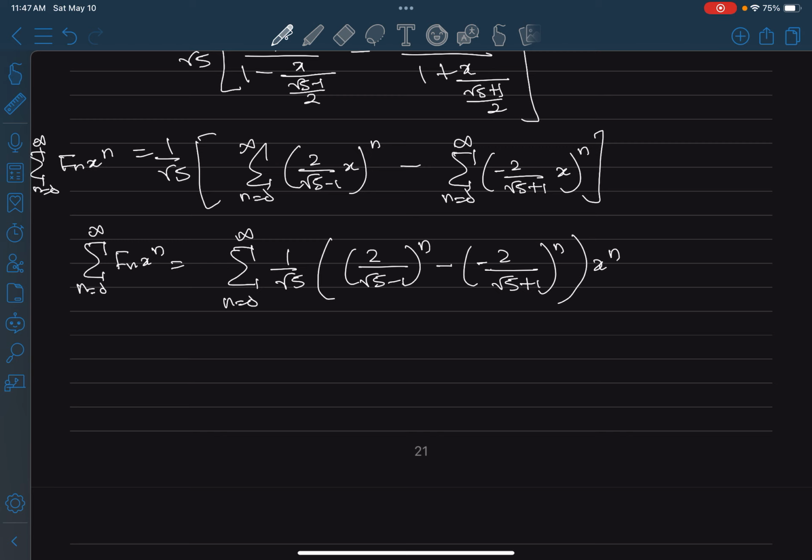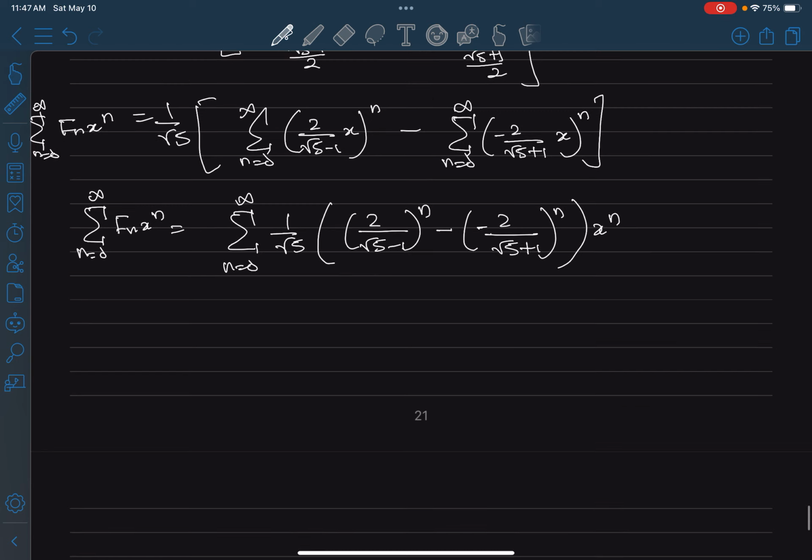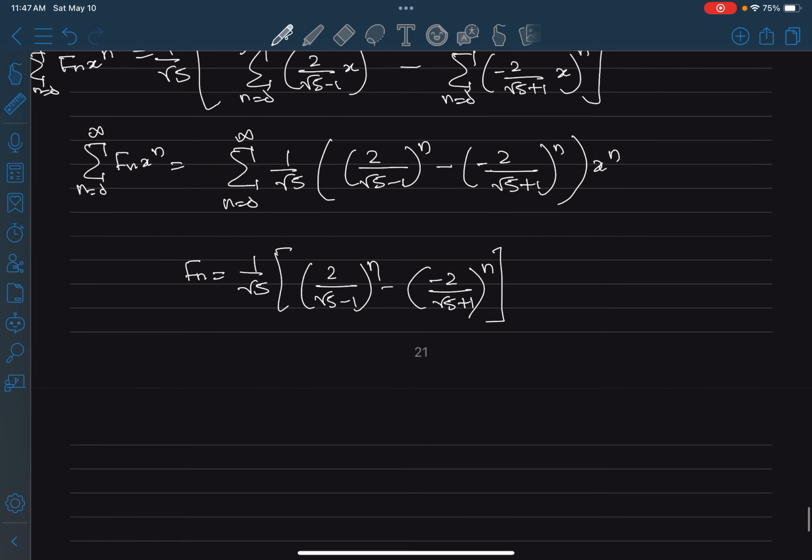So now if I compare, I see that f_n will just be 1/√5 times (2/(√5 − 1)) to the power n minus (−2/(√5 + 1)) to the power n, right? Now we see that it's different, and let's say you want to make it similar, right?